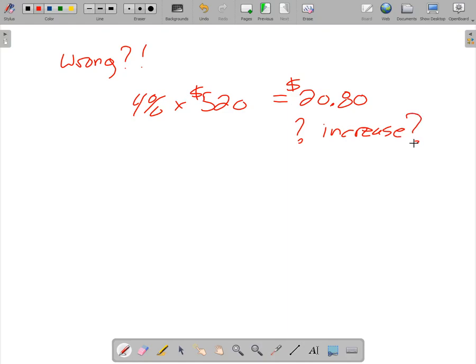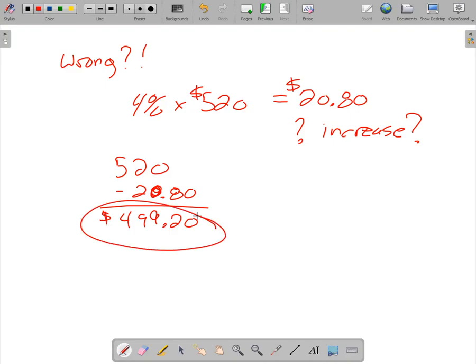So then I would take that away from the 520, and that's going to give us 499.20. So we're guessing that this is last year's price. How would we check it?